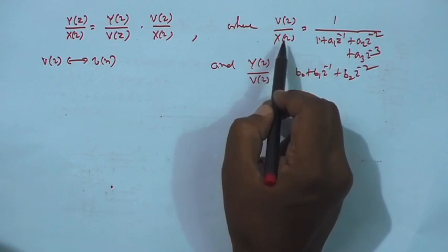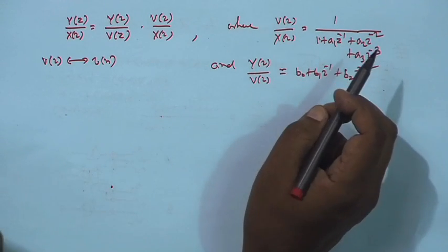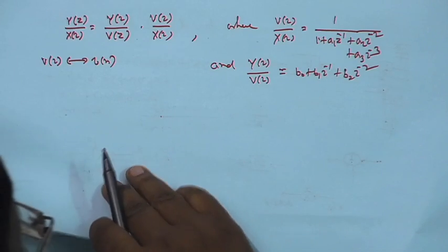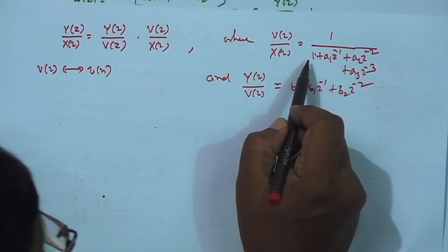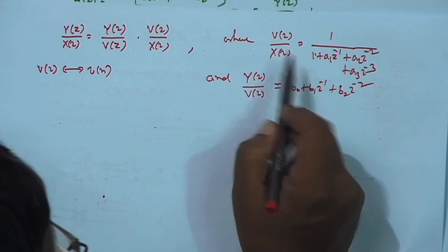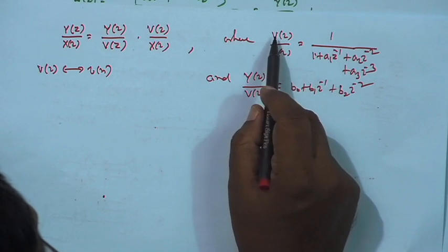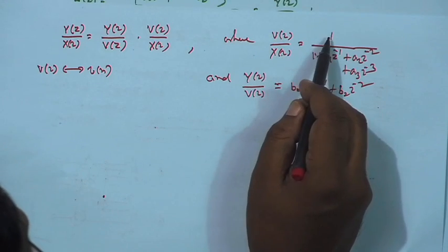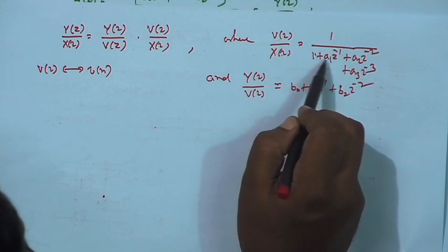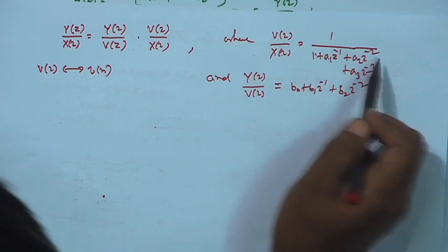So, how to find out V(z) by X(z)? V(z) into 1 is equal to X(z) into 1, minus, you take A1 Z inverse V(z) to the right hand side. So, there is minus.